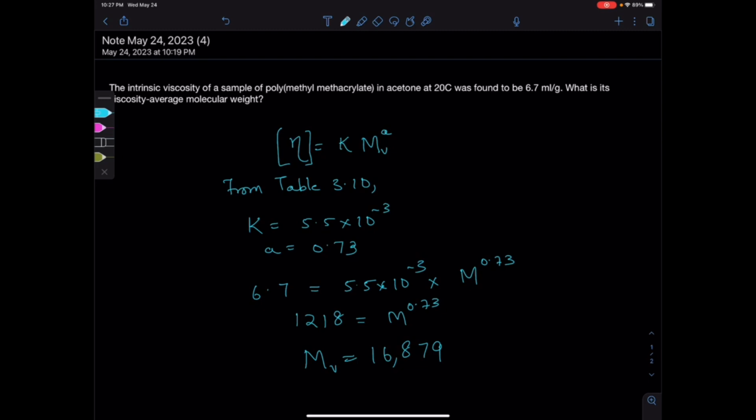We get a viscosity average molecular weight of 16,879 grams per mole.